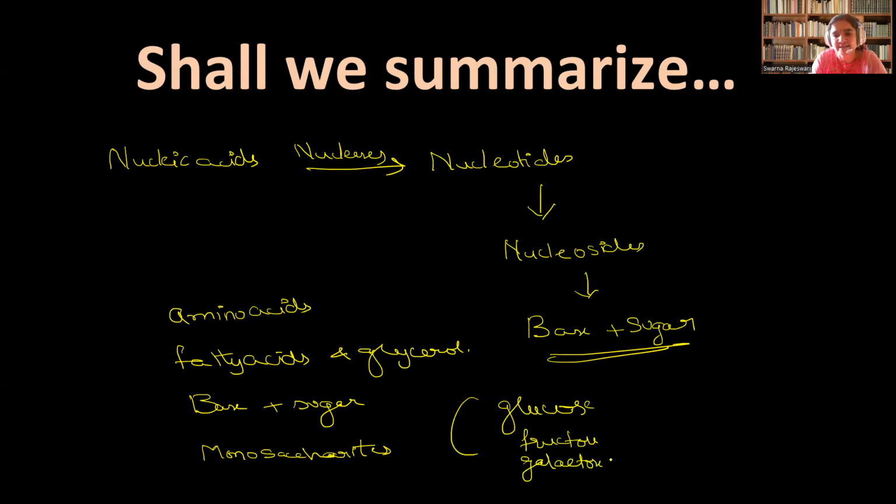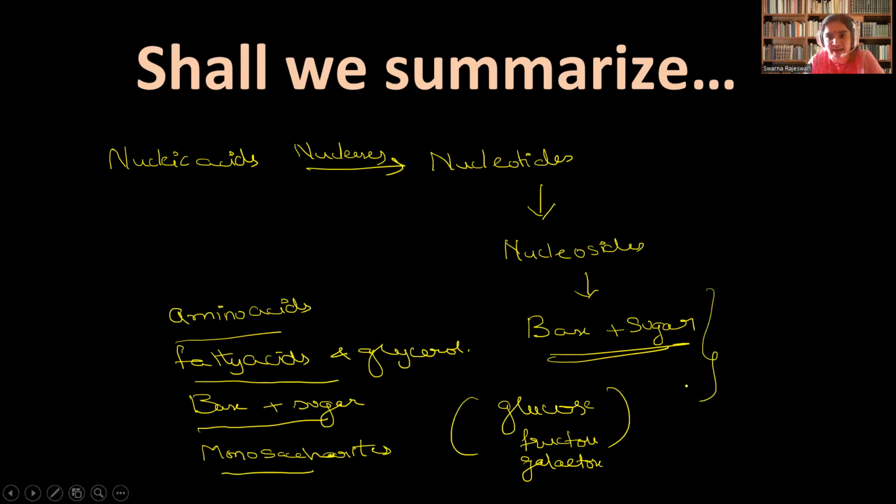Disaccharides are converted into monosaccharides. So amino acids, fatty acids and glycerol, base and sugar molecules, and monosaccharides are all end products of digestion.